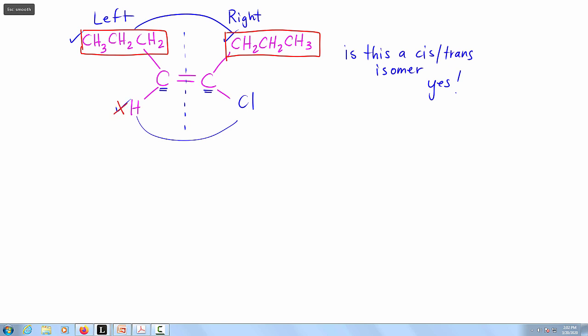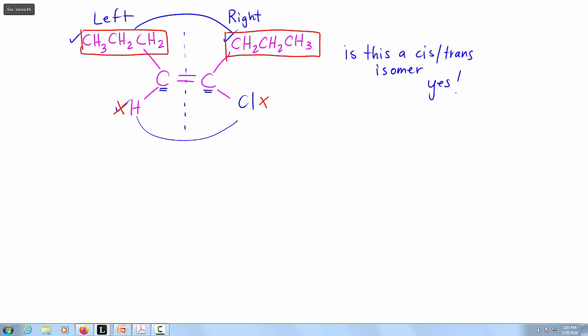The hydrogen and the chlorine are not the same, but these two groups are the same on my sp2 hybridized carbons. So this does qualify for a cis-trans system.